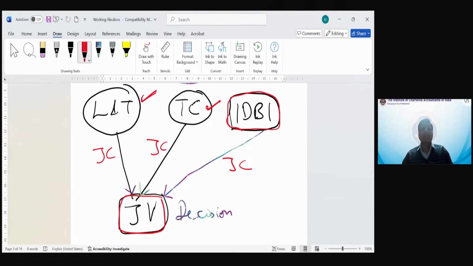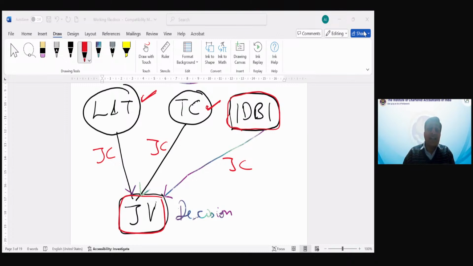Tell me. Do they need to reach out to IDBI for taking their consent? No. They will only inform them that this is what we are doing or this is what we are planning to do. But they will not reach out to them for their consent. Consent is not required.